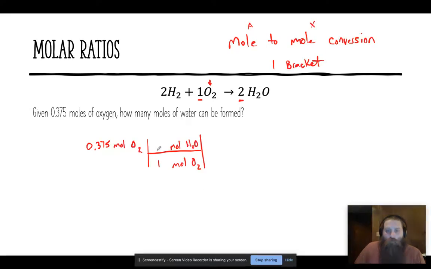In this case, 1 mole of O2 yields 2 moles of water. Moles of O2 is on the top and on the bottom, so it divides out. We're left with moles of water. That's what the question asks us for. And in this case, we get 0.75 moles of H2O. There you go. There's a stoich problem. One bracket, molar conversion. That's a mole to mole conversion.